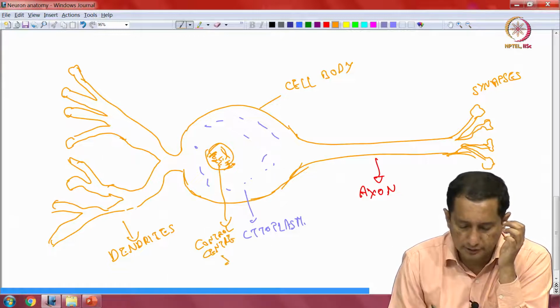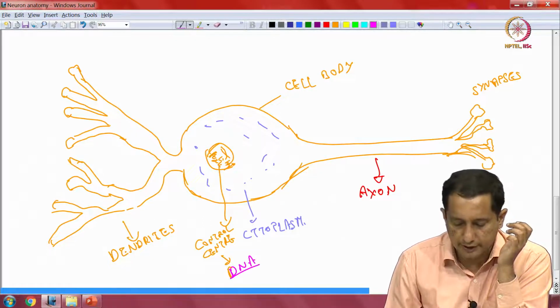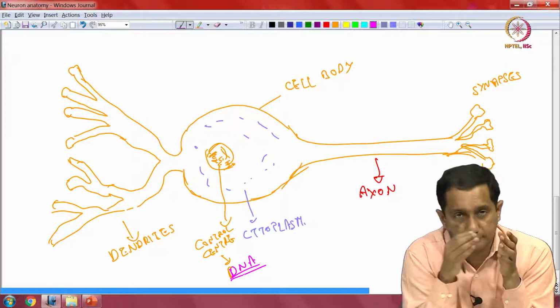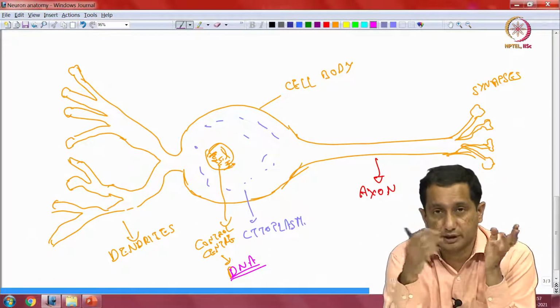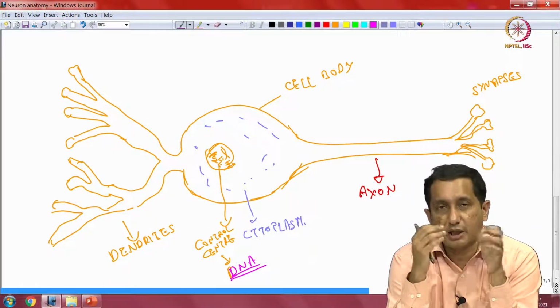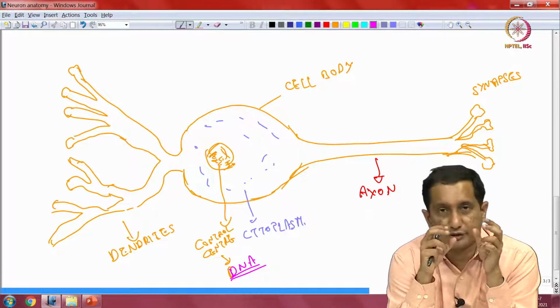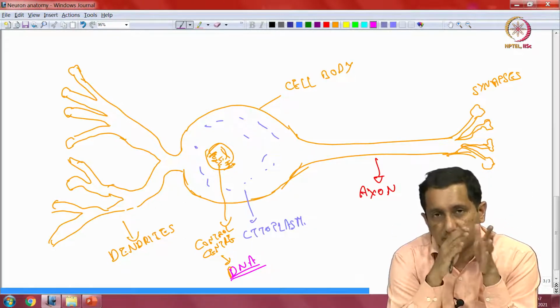Why control center? Because it has the all powerful DNA. So, DNA produces RNA, RNA produces proteins, and proteins are responsible for several things. If you remember how important proteins are, you can actually control the density of the channels on the membrane.